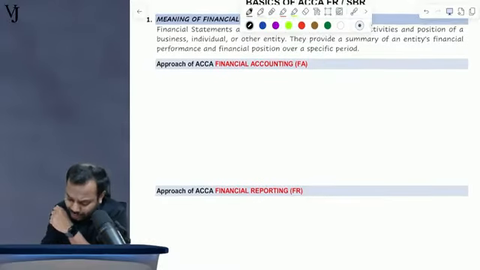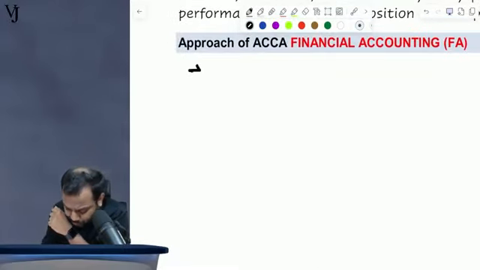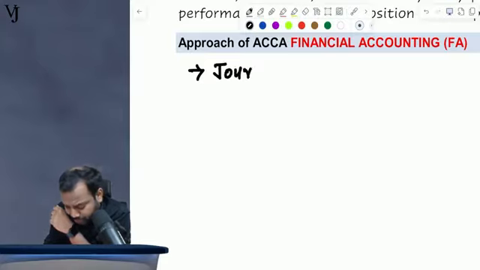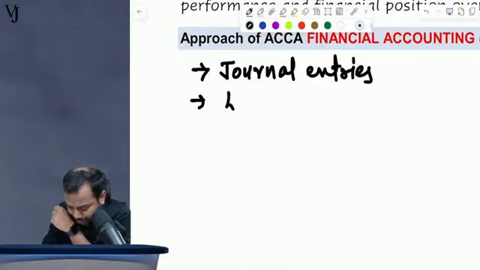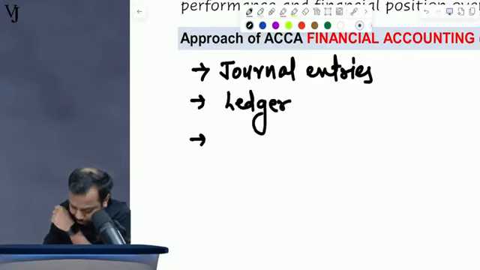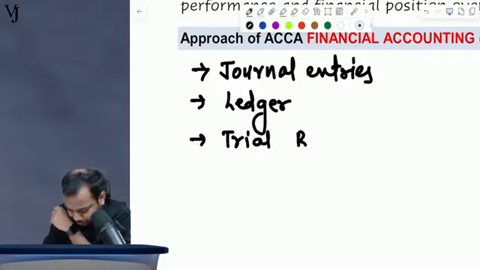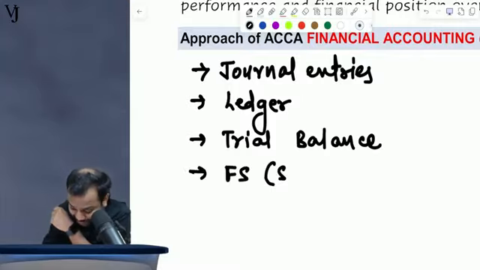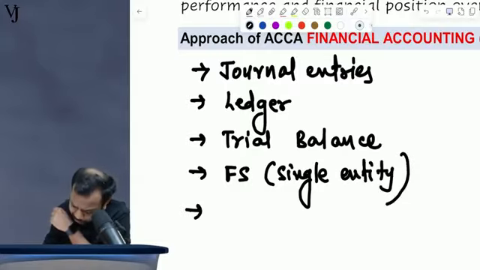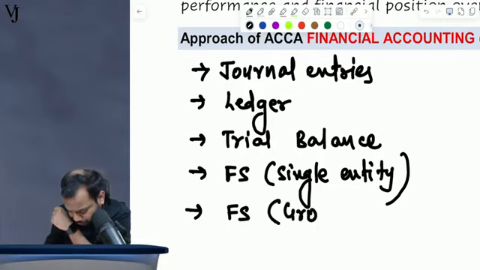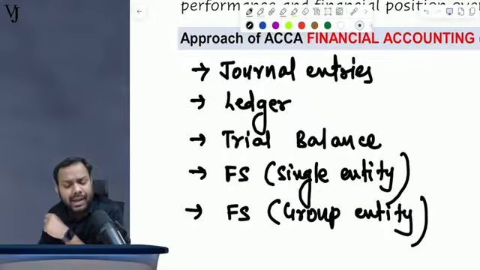At FA level, what is expected of you is that you need to understand how to pass journal entries, how to prepare a ledger, how to prepare a trial balance, how to prepare financial statements for a single entity, and how to prepare financial statements for a group entity. This is what is expected at FA level.